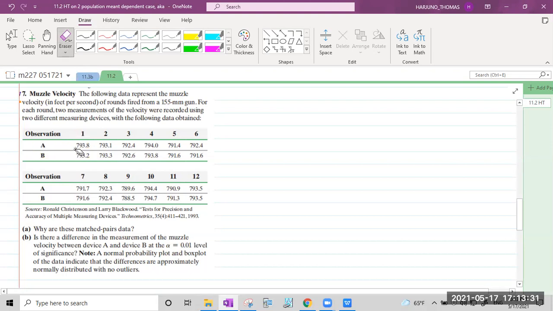Now, the question part B, let me go to B right away. Is there a difference in measurement of the muzzle velocity between device A and device B at alpha equals 0.01? Okay, so let's put the claim.